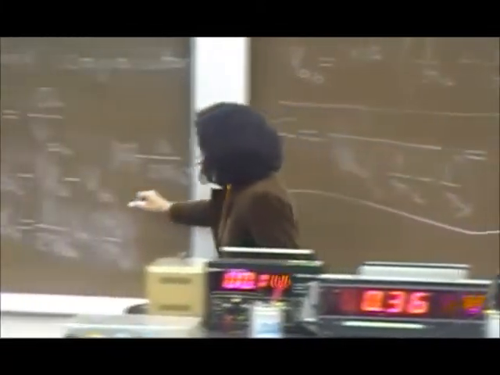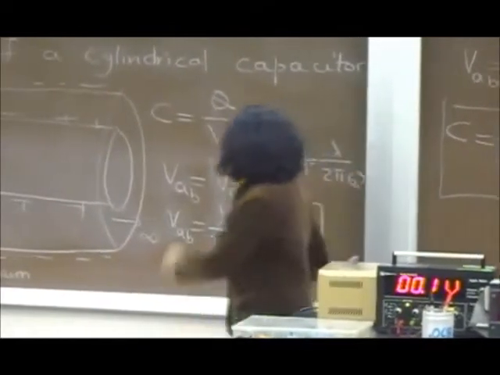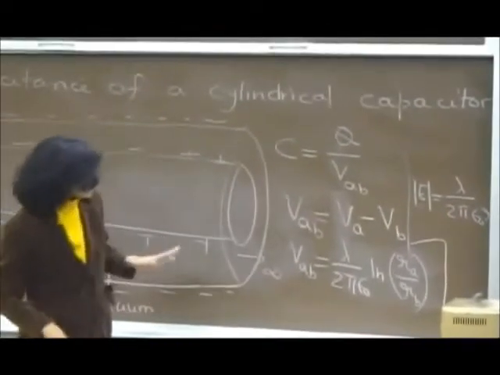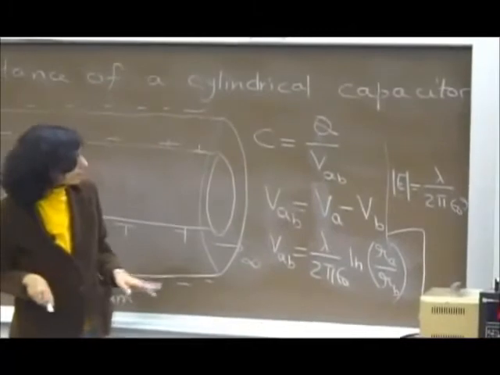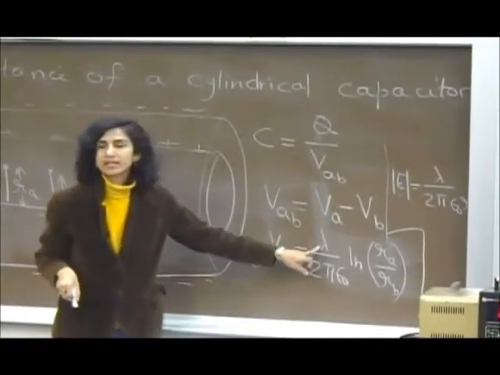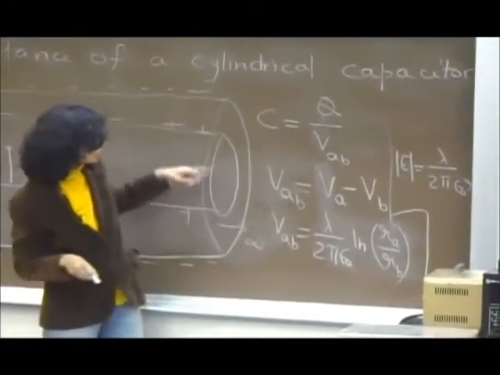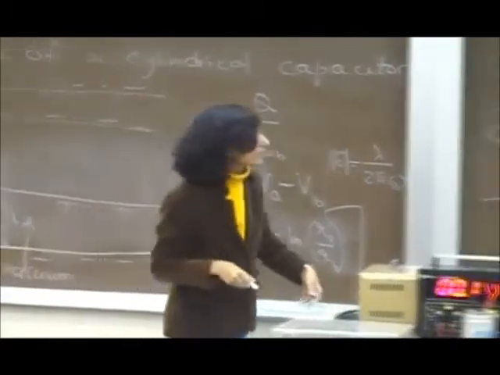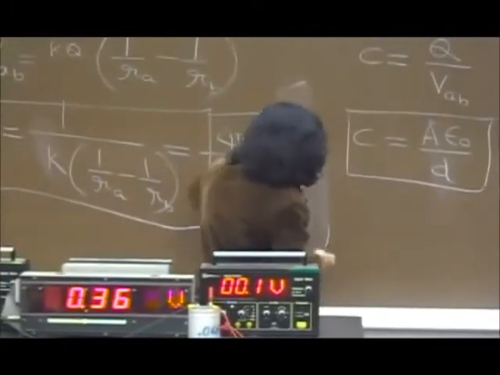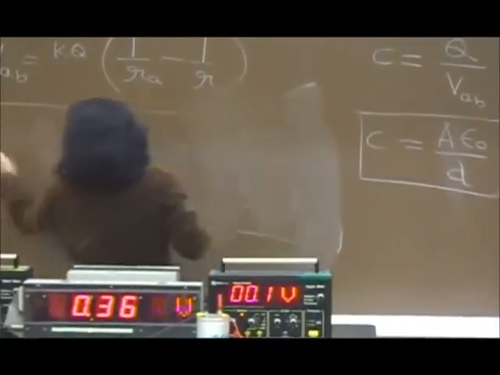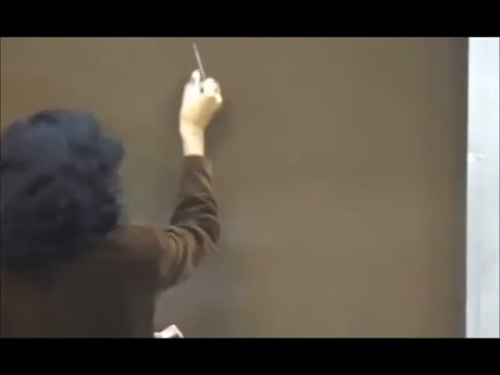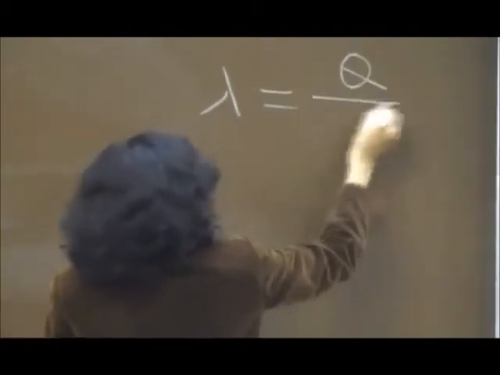Okay, so who wants to tell me, somebody from last row? In this case, one problem that we have is that lambda needs to be written in terms of, say, q, the charges on these things. So we can do that. We can actually say, oh well, let's say, do you remember lambda was defined like this? Charge per unit length.